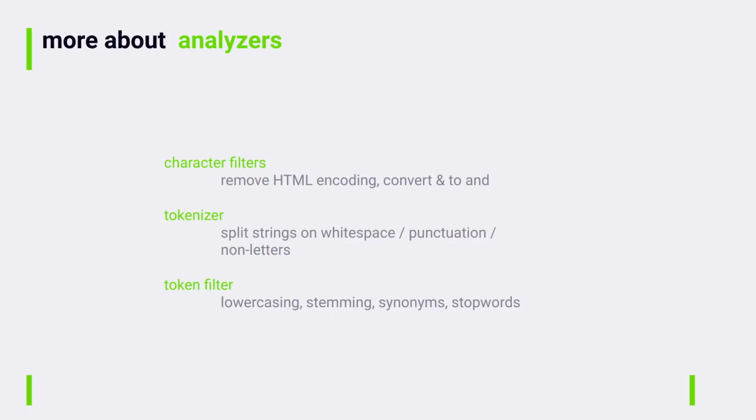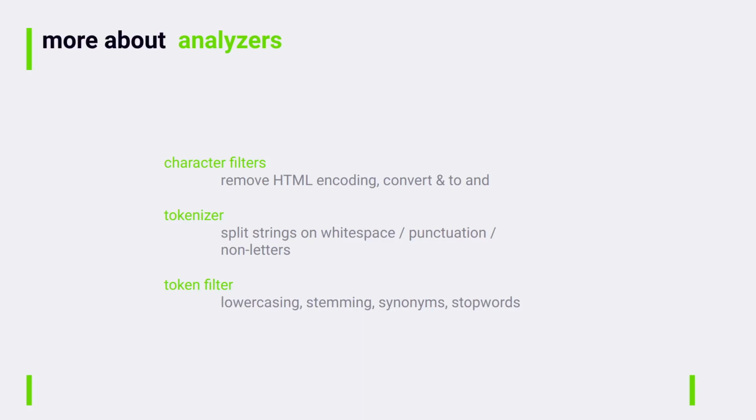What are token filters? If we want to make the entire sentence or paragraph lowercase, or if you want to perform stemming. Stemming is basically, if you have words like learn, learning, learned, all these are different tense forms, and the root word is learn. So you can stem all the different words to the root word.